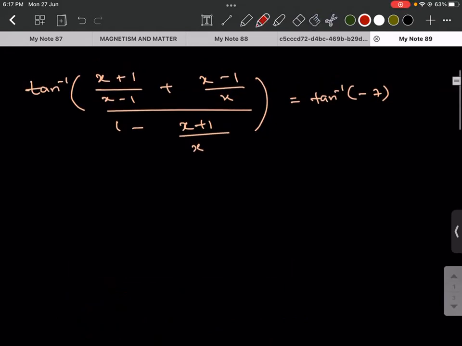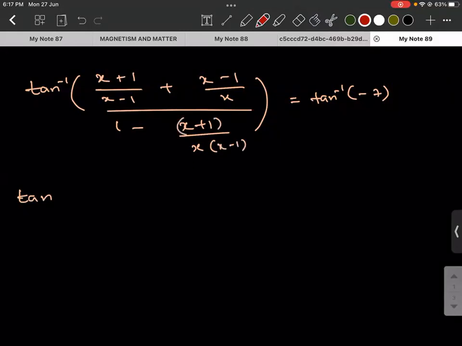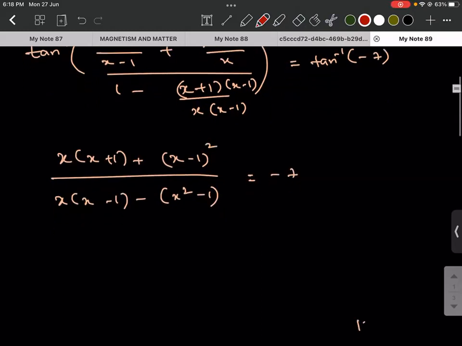You do it. So you don't want me to cancel x minus 1. So this will become x minus 1. So tan inverse, I'm not leaving it. So what will happen is I'll have x into x plus 1 plus x minus 1 the whole square divided by x into x minus 1 minus of x square minus 1 is equal to minus 7. Is it right?